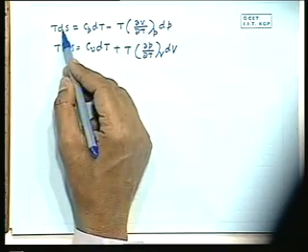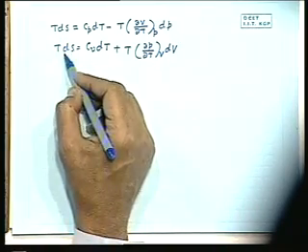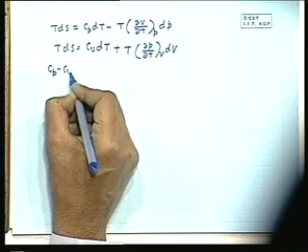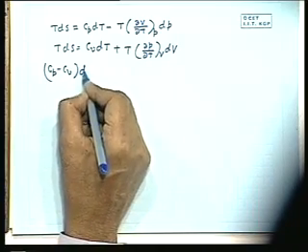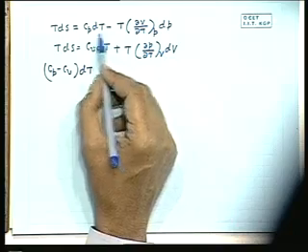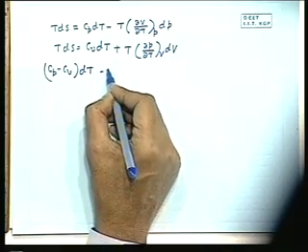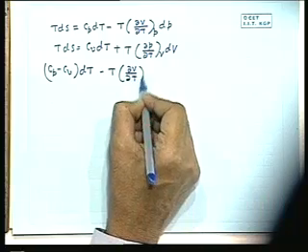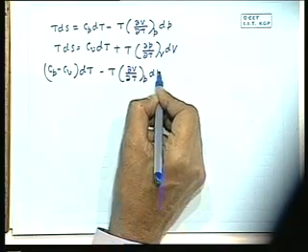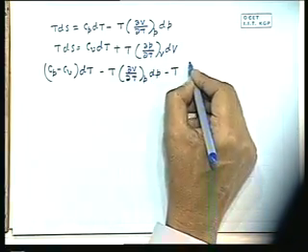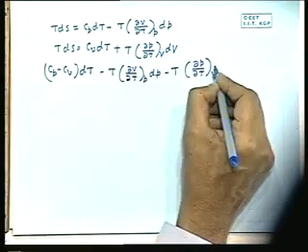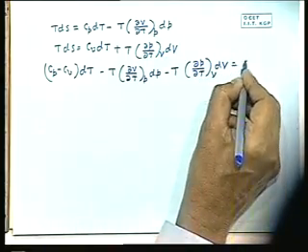Now if we subtract one from the other, what do we get? (Cp minus Cv) dT, this minus this, minus T (∂V/∂T)_P dP minus T (∂P/∂T)_V dV is equal to 0.